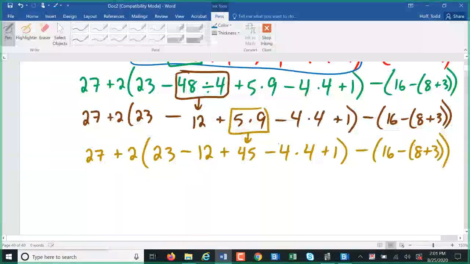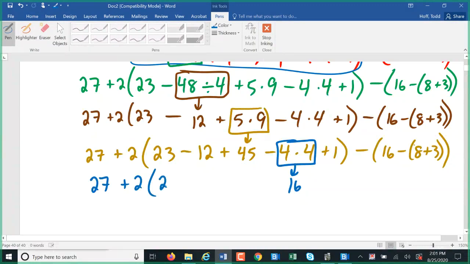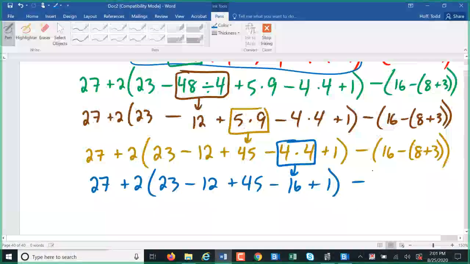And then next, we've still got multiplication and division inside that parentheses. 4 times 4 is 16. So we are done with all the multiplication and division inside that parentheses.